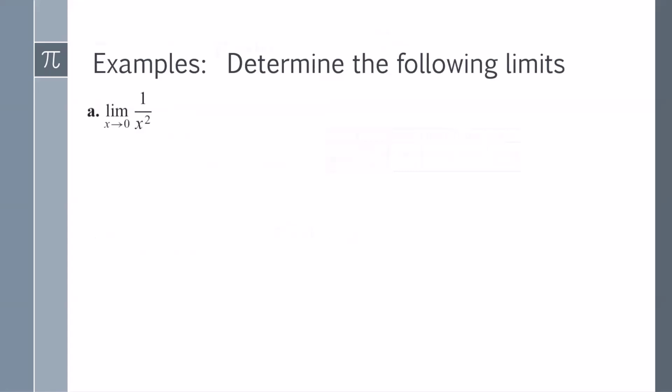Here's another example. We want to determine the limit as x approaches 0 of 1 over x squared. Again, we're going to take a table of values, some close to 0 but a little bit bigger, and some close to 0 but a little bit negative.